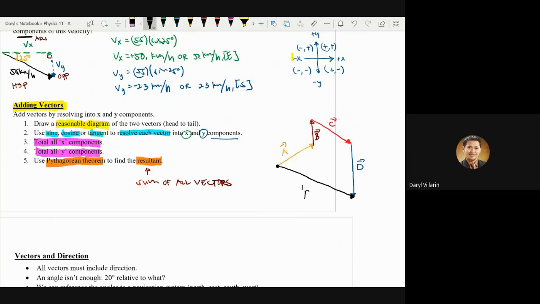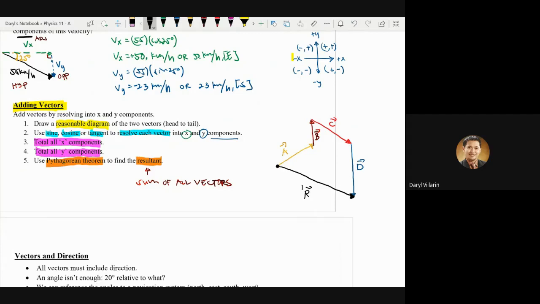So this is your resultant vector, this black line here. It's not the other way around. Don't try to place it from the tip of D towards the tail of A. The resultant vector is drawn from the tail of the first vector towards the tip of the last vector added.